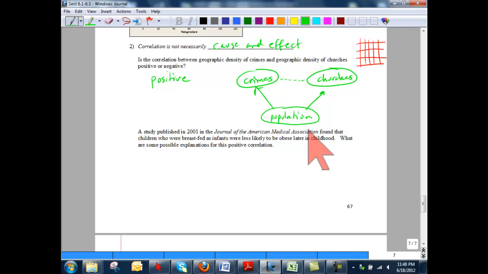Well, one explanation might be that there is some nutrient or chemical or hormone in breast milk that would cause the baby's metabolism to somehow adjust and become more healthy. And then years later, even in, say, early teens, that's still helping the child to metabolize nutrients better and perhaps stay healthier and not gain weight.